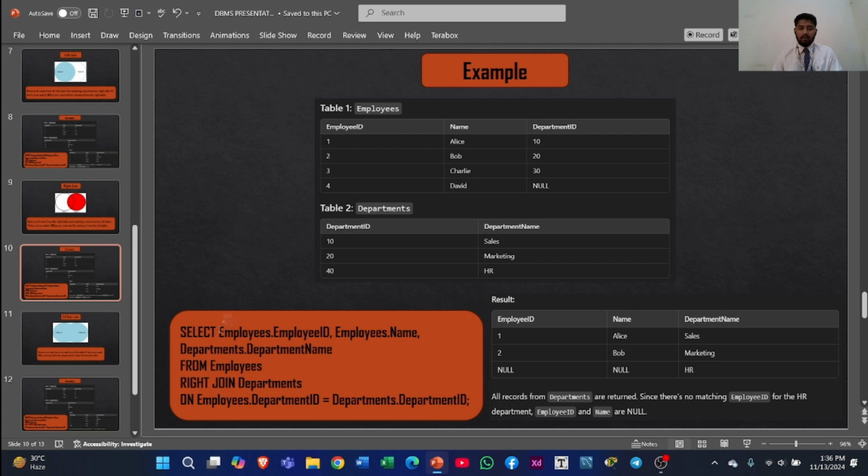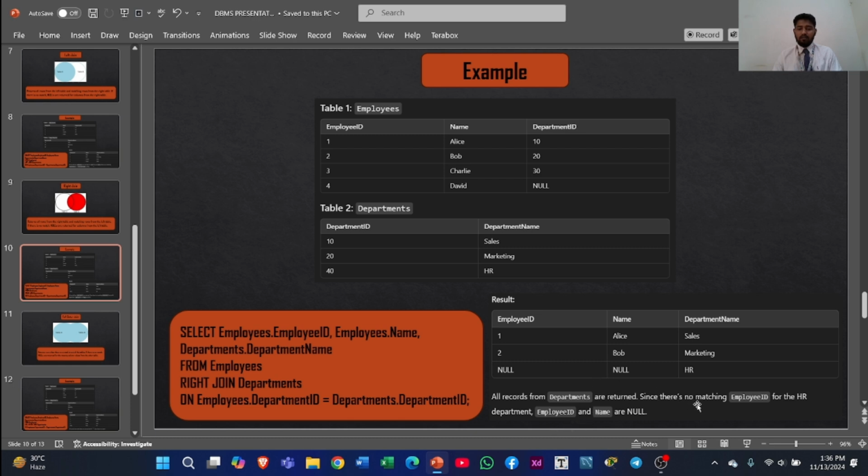If we apply right join by SQL, we have to write: select employees.employee_ID, employees.name, department.department_name from employees right join department on employees.department_ID = department.department_ID. Here, as the result, all records from department are returned.